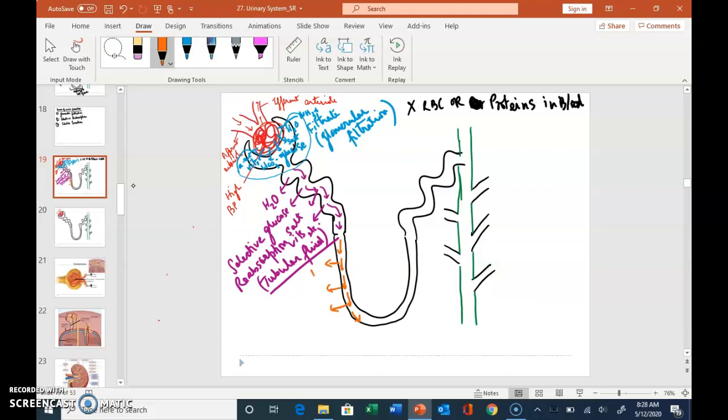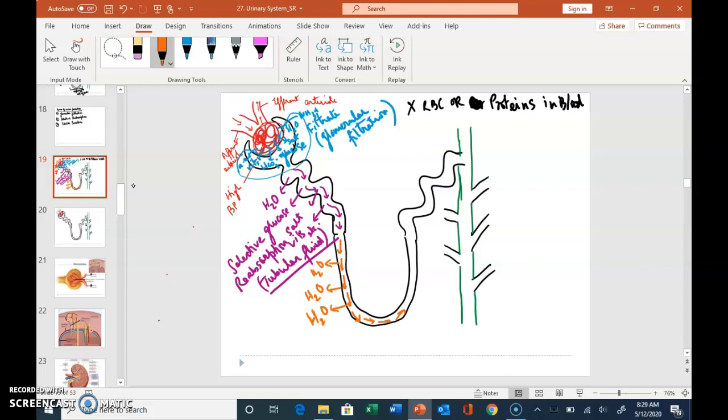So at this point, water is reabsorbed back. Think of it. If you are taking out water from the tubular fluid, what is happening to the concentration of the fluid? You are sucking out water. Obviously, the tubular fluid gets very concentrated. So at the very bottom of the loop, the fluid gets super concentrated.